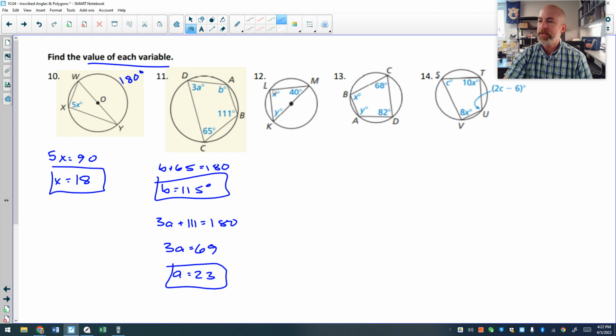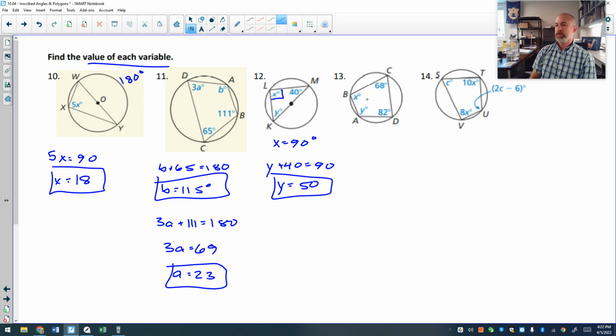Hey, number 12, we have an inscribed triangle, and one side of that triangle is the diameter, which means this angle X is a 90-degree angle. And if that is a right triangle, the acute angles will be complementary. Y plus 40 is 90 and Y is 50.